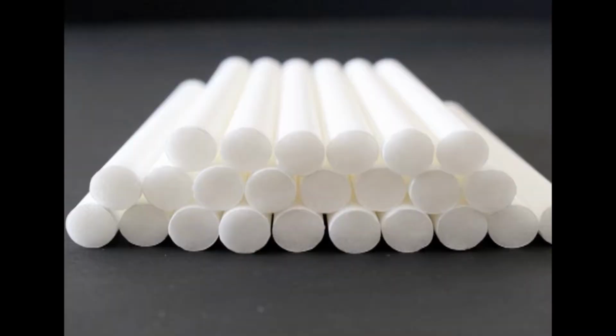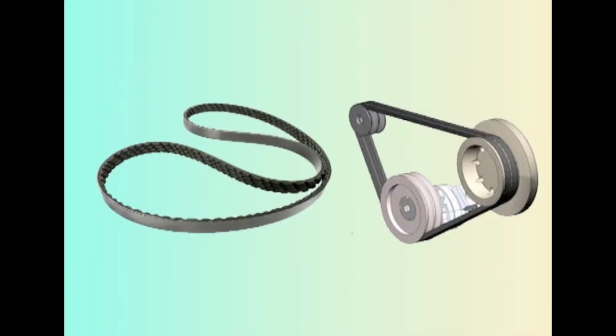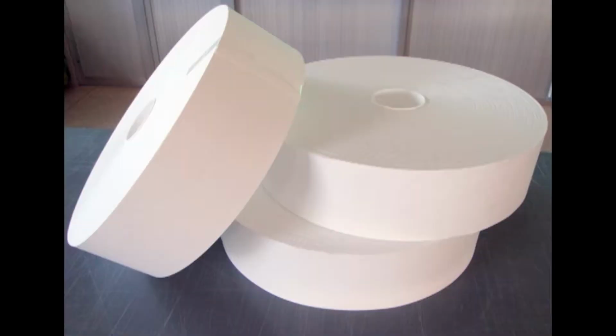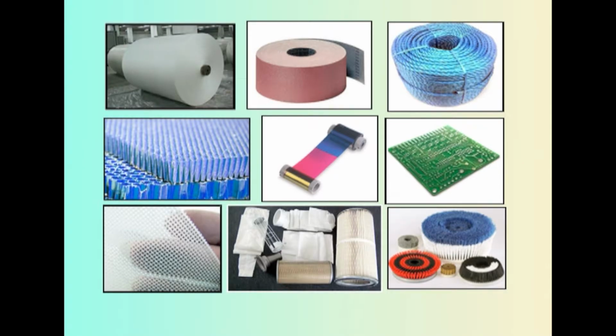The Indutech products include conveyor belts, cigarette filter rods, drive belts, bolting cloth, AGM glass battery separators, decatizing cloth, abrasives, ropes and cordages, composites, computer printer ribbon, printed circuit boards, paper making fabrics, filtration products and industrial brushes.